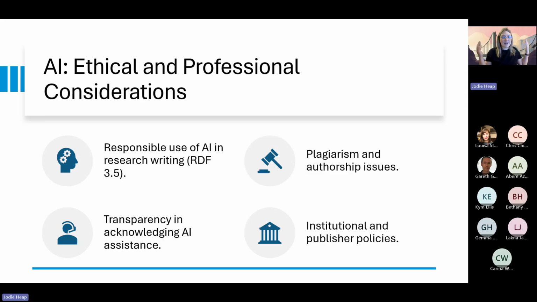Some people are purely human, but I think it's used a lot more than is admitted to, and we need to start removing that stigma by acknowledging how we are using it, so that we can build up the strength of the conversation around how it can be used safely and securely, and have that transparency around our research practices.